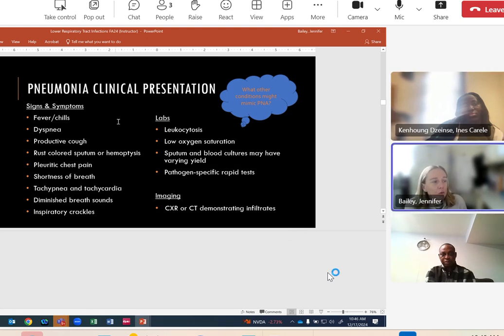So, here are some common signs and symptoms. Lots of respiratory specific things. Like we've been talking about cough, but chest pain, shortness of breath, crackles, all of those are respiratory exam based findings. Leukocytosis, an elevated white blood cell count.